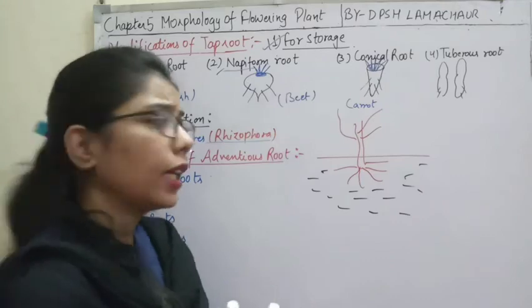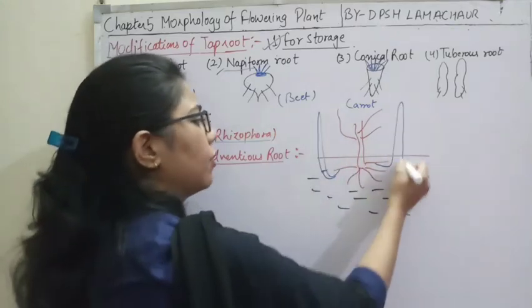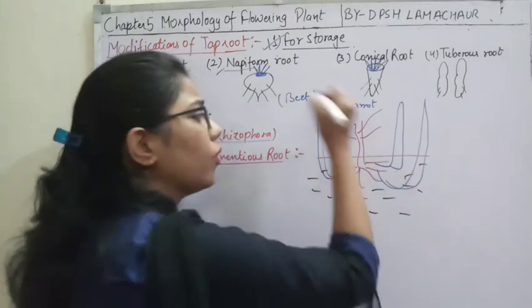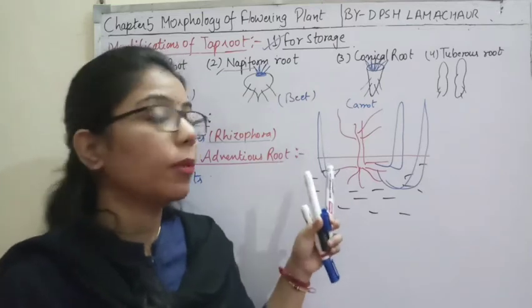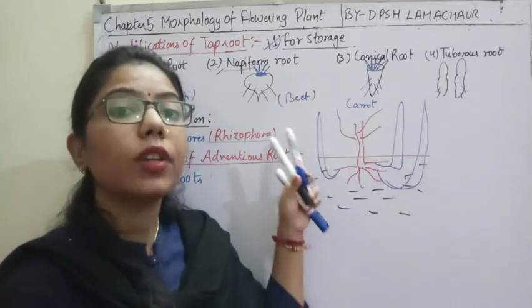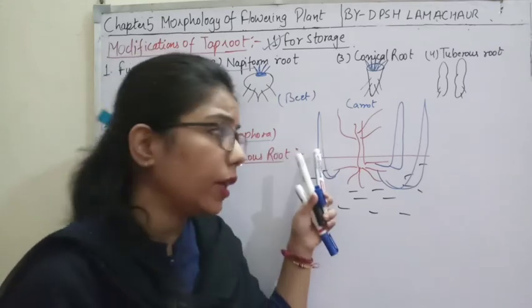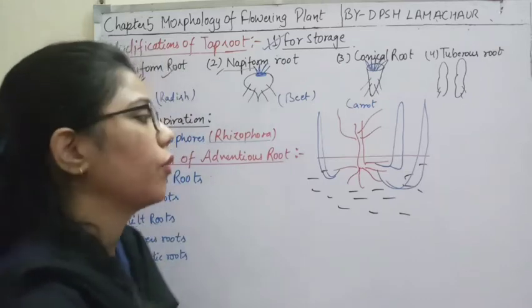So what will they try? They will try to move upward, as I have discussed in the root 1. When they try to move upwards, they become negatively geotropic. They show the negative geotropic movement. Otherwise, they are showing the positively geotropic movement.